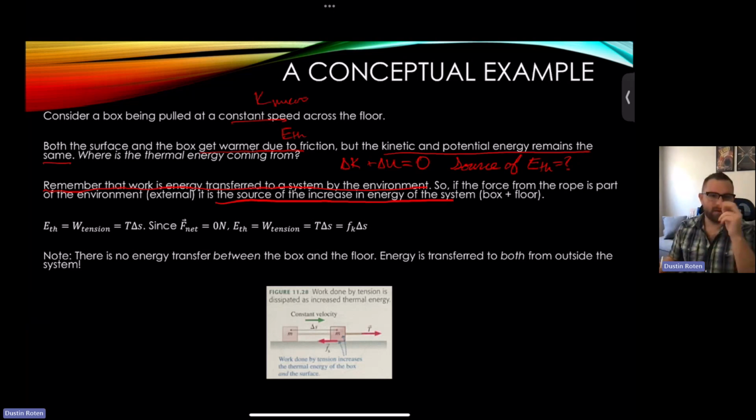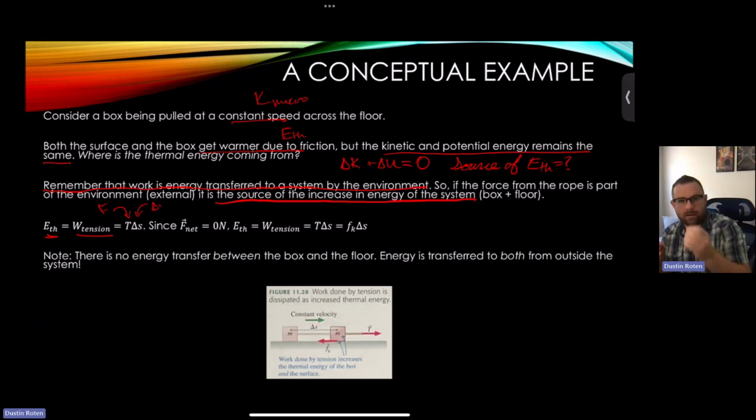Okay, well, we know that the thermal energy is increasing, and thermal energy increases from work done on the system. Well, the rope, the tension of the rope, that's the force here, right? That's our force over some distance.